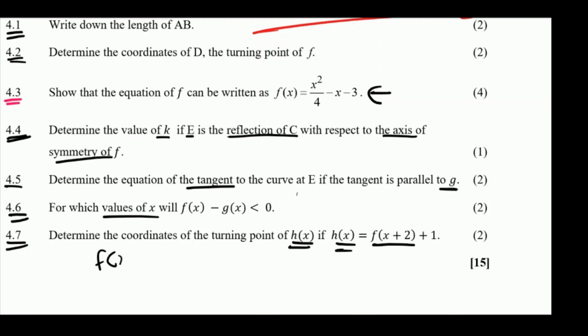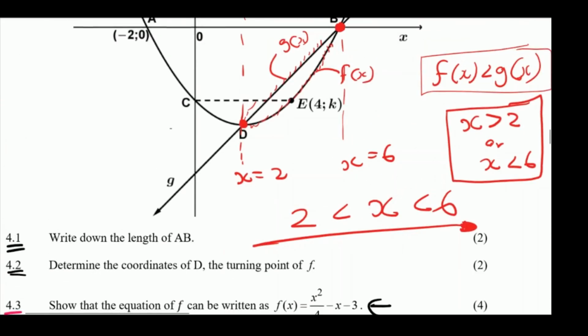So f of x is equal to x squared over 4 minus x minus 3, right? And also remember that we already know the turning points of the graph. We identified the turning points in the previous questions. How did you identify them? We know the coordinates of D to be what? To be 2 and minus 4. So that is the turning point.